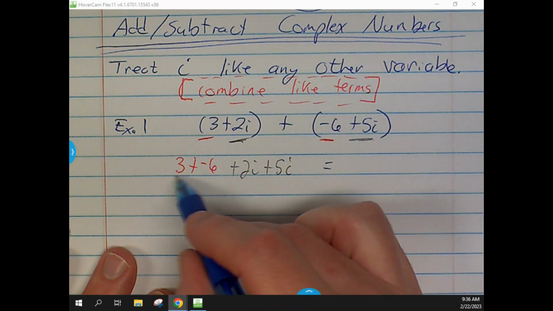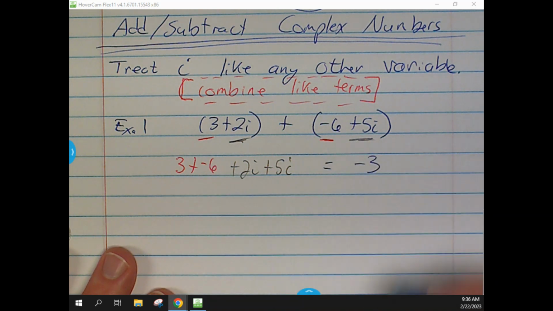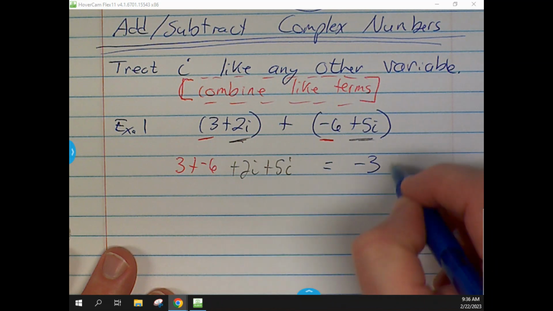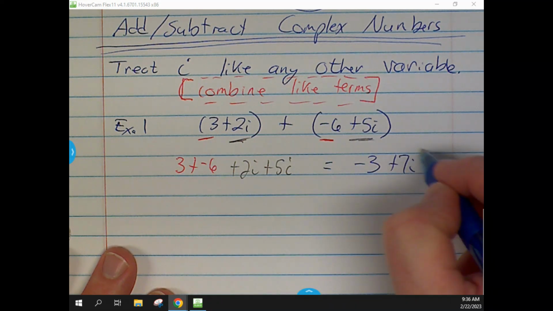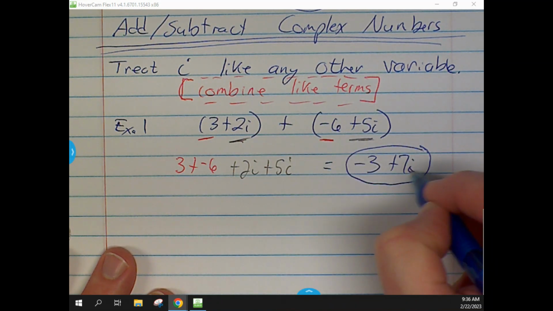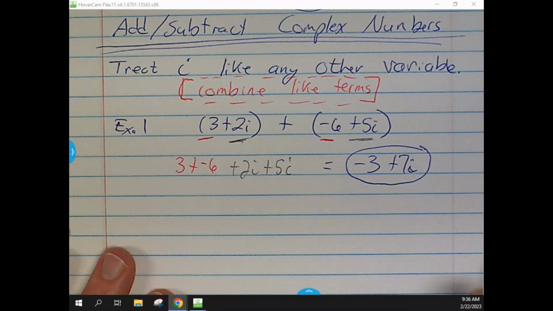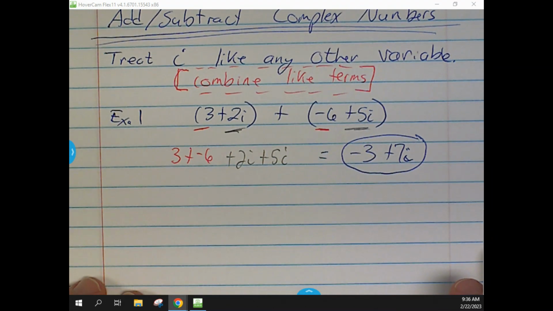Well, 3 plus -6 is -3. 2i plus 5i would be 7i. And there you go. Most people ask, what's different about it? Nothing. As far as addition and subtraction goes, you don't do anything different with the i variable than you would with any other variable that pops up.